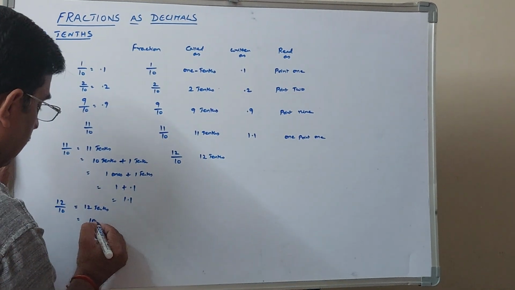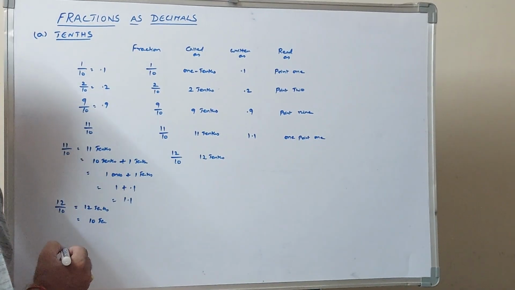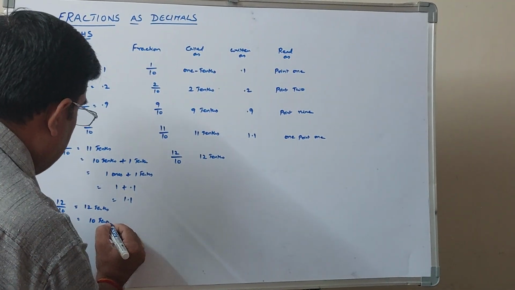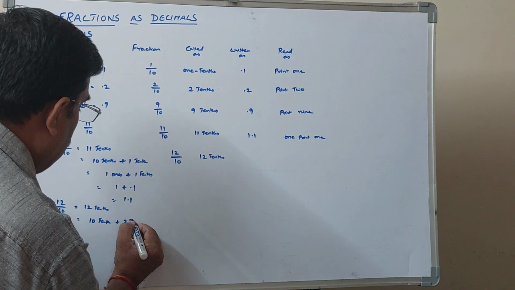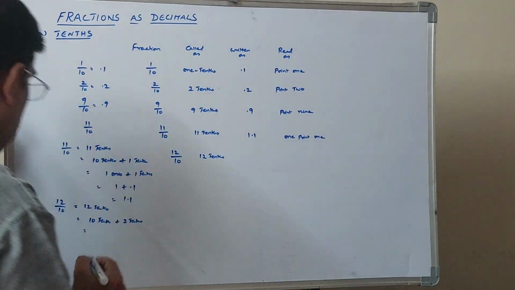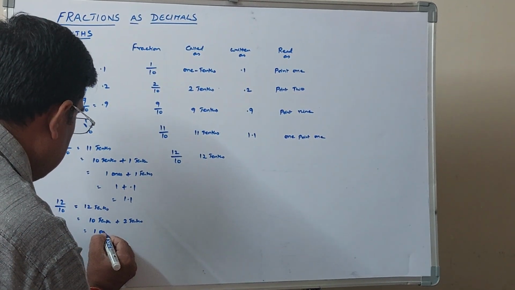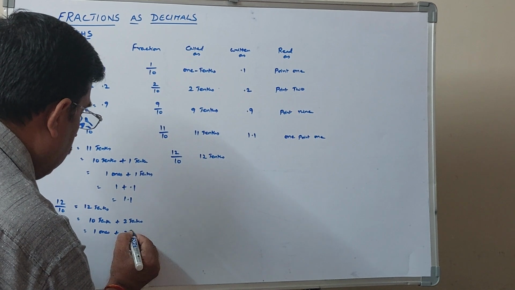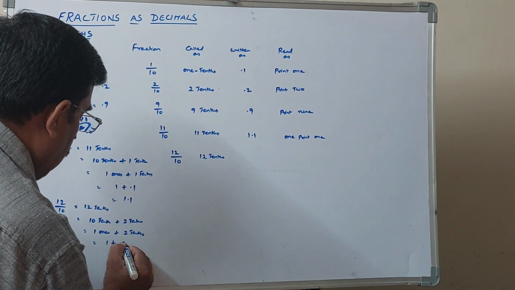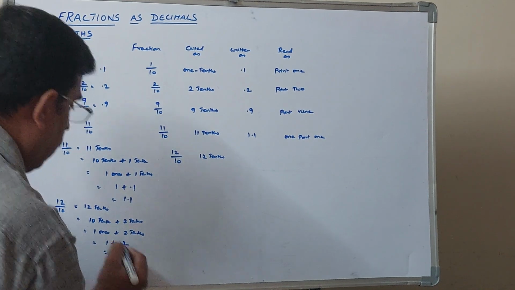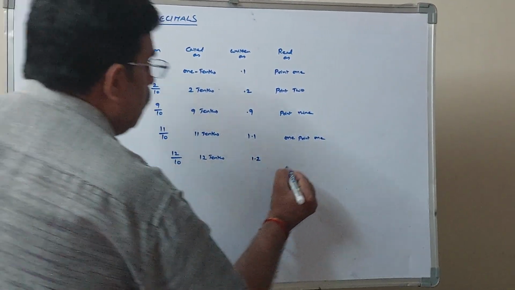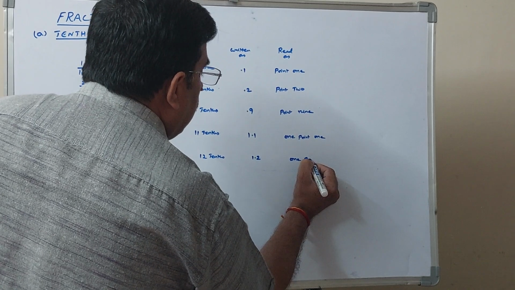So 12 tenths means 10 tenths plus 2 tenths. 10 tenths means 1 ones, plus 2 tenths. That is 1 ones means 1, plus 2 tenths means 0.2. That is equal to 1.2. So 12 by 10 can be written as 1.2, read as 1.2.